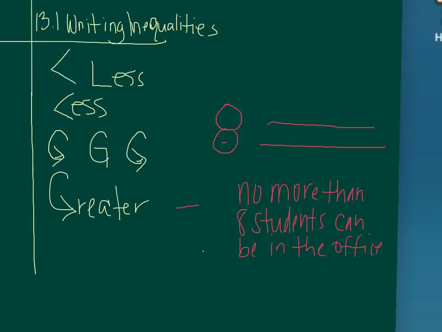Okay? So can you have 8? Yeah. So you can have a number that's equal to 8. Can you have 4? Yeah, because that's not more than 8. It's less than 8. So the number of students that can be in the office has to be less than or equal to 8.